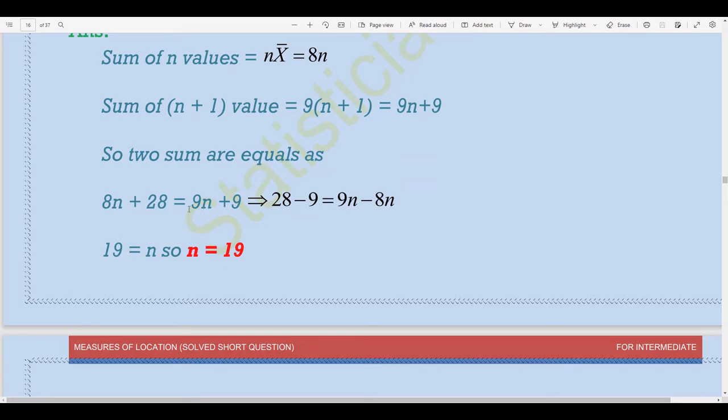After simplification, we take 8n to one side and 9 to the other side. As you know, by changing the position of terms from left to right, the sign changes: plus converts into minus and minus converts into plus. So n is equal to 19.